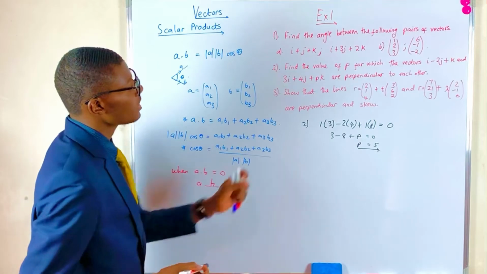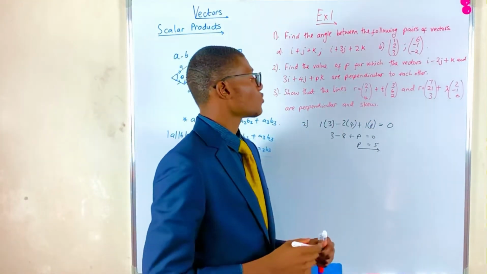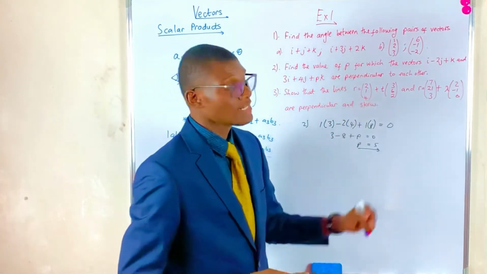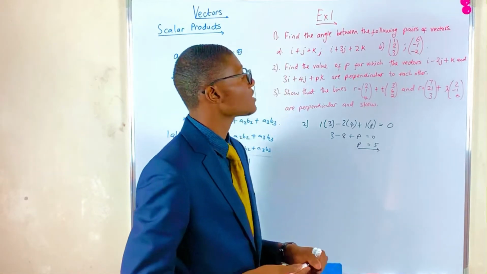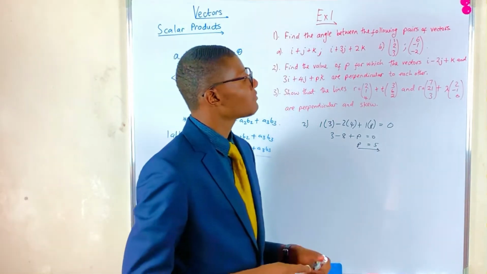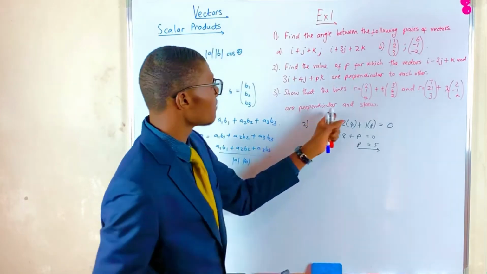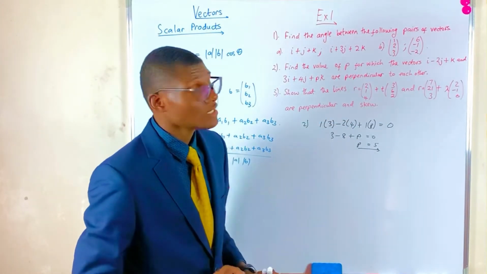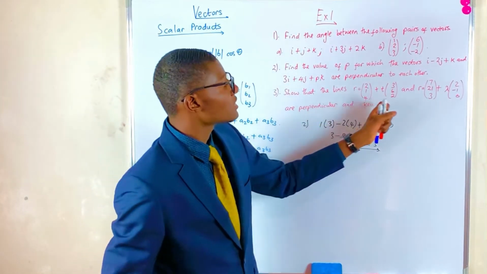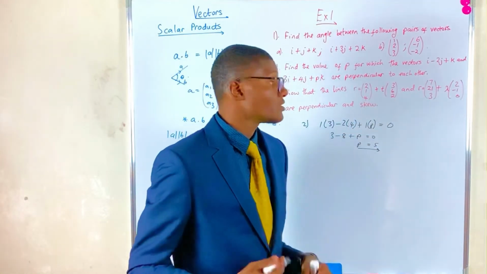Number 3 says, show that the lines r is equal to (2, 1, 4) plus t(3, 6, 2) and r is equal to (7, 21, 3) plus lambda(2, -1, 0) are perpendicular and skew. If they are perpendicular, the scalar product of their direction vectors should give us 0.